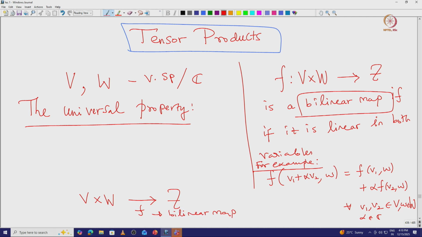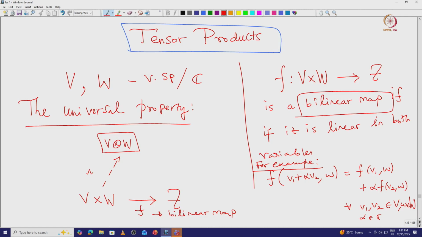Now let me put a box here. We want to construct a space which is universal in the following sense. We denote that space by V tensor W. We want a space V tensor W such that we also have a natural map from V cross W to V tensor W, again a bilinear map.